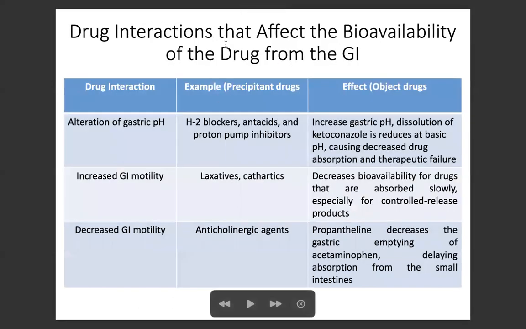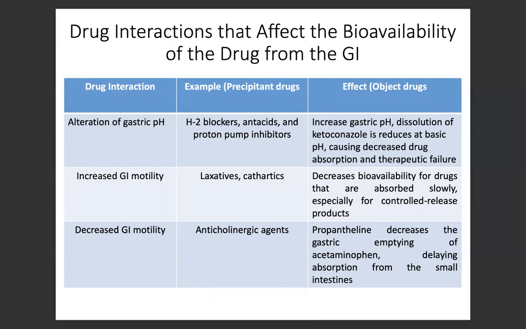So drug interactions that affect bioavailability of the drug from the gastrointestinal tract. So example, drug interaction on alteration of gastric pH, precipitant drugs, H2 blockers, antacids, and PPIs. Effect ani, increased gastric pH. So saka ang pH, ma-basic siya somehow.